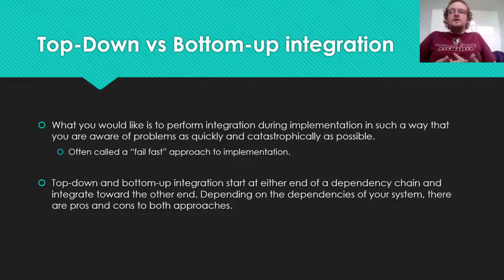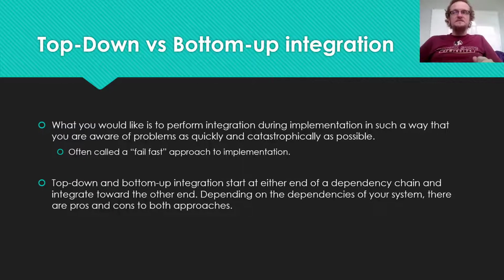So what you want to do is you want to perform integration as quickly and as fluidly in the development process as possible. And you want to do that in such a way where if you fail, you're going to fail very quickly and very catastrophically. And this is often called a sort of fail fast approach.